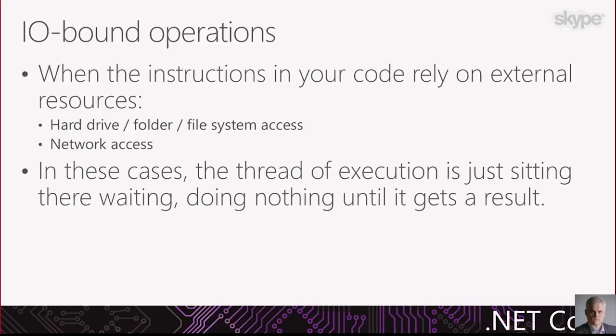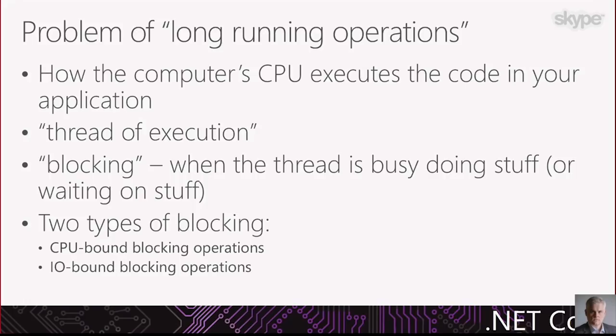So this distinction between CPU-bound and I/O-bound blocking operations is really critical to understanding the problem of how your code blocks the CPU thread of execution that's running your application. Also, this distinction is important because it impacts how you actually go about solving that issue in C#. So let's move on here.